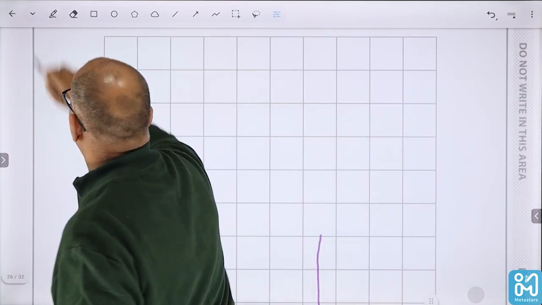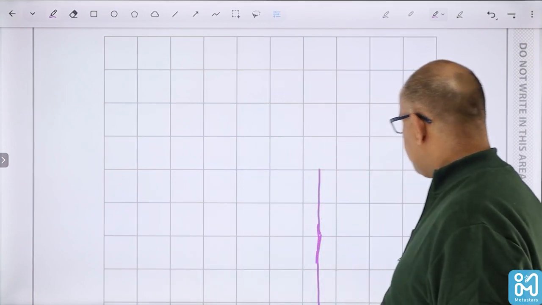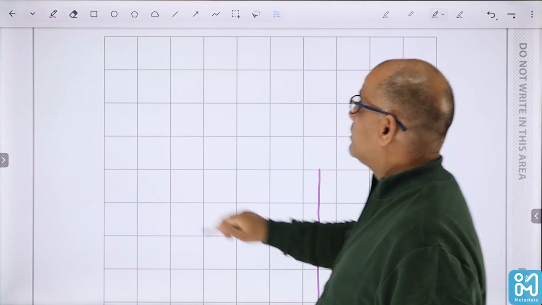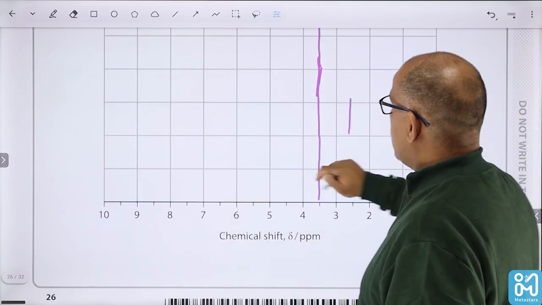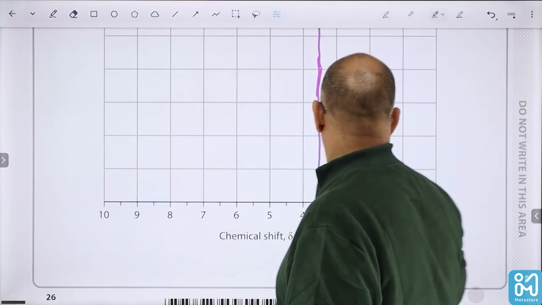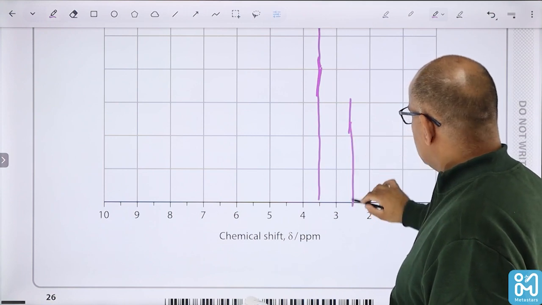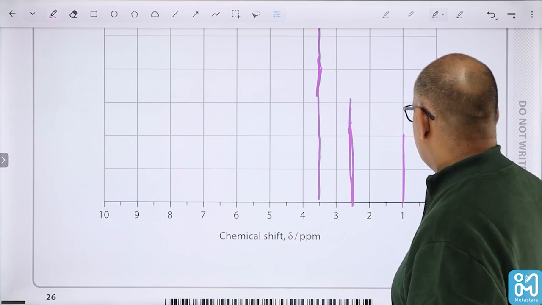Okay, that's one line. Then you will find the other like that. It's around 2, and we have at 1 only 2 hydrogen.